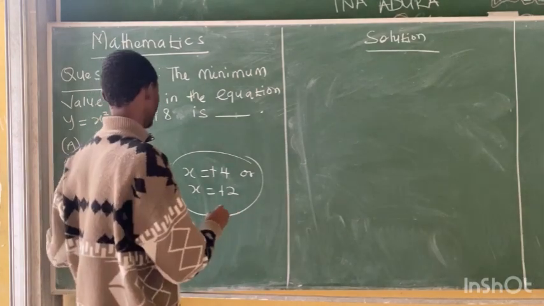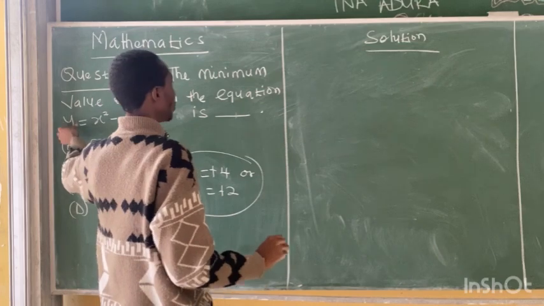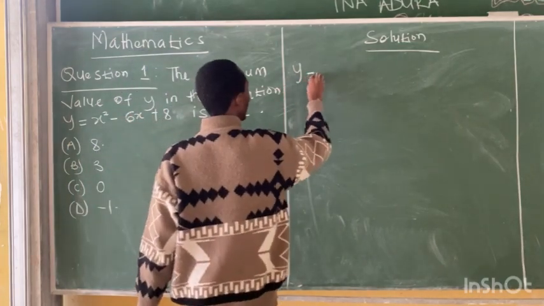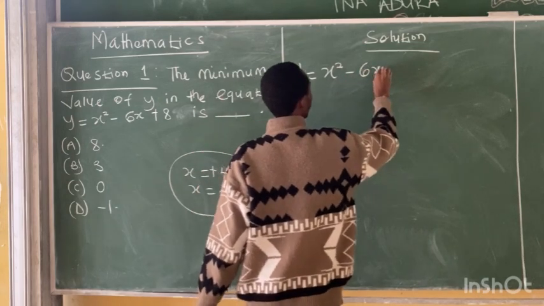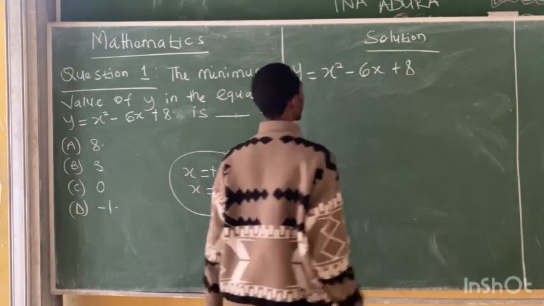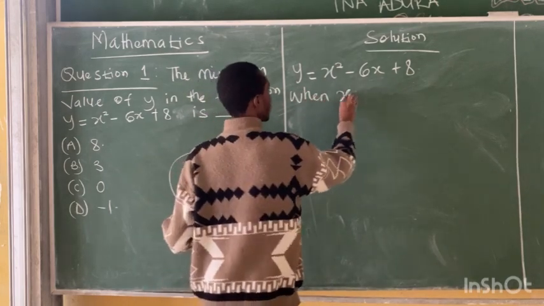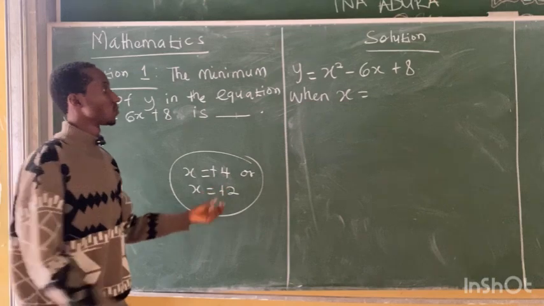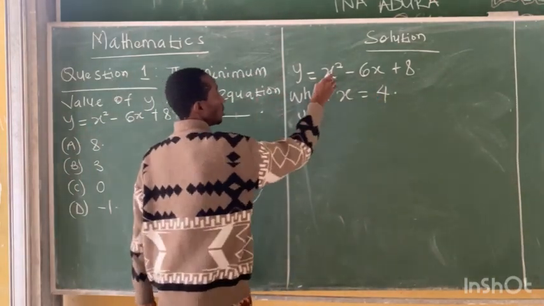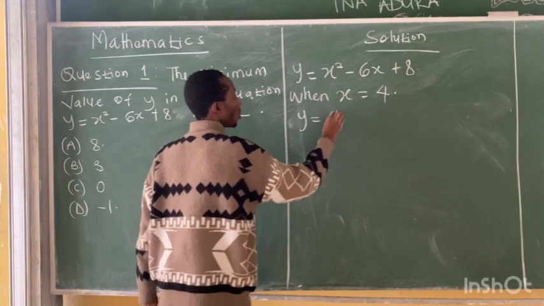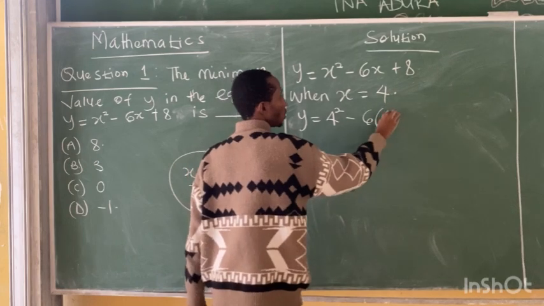Here we substitute this value to find the value of y. We have y equal to x squared minus 6x plus 8. When x is equal to plus 4, instead of writing x squared, we say 4 squared minus 6 into x. Instead of writing x, we replace it with 4, plus 8.